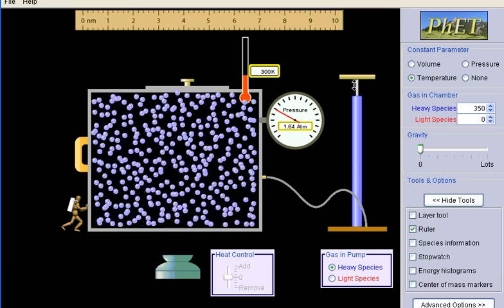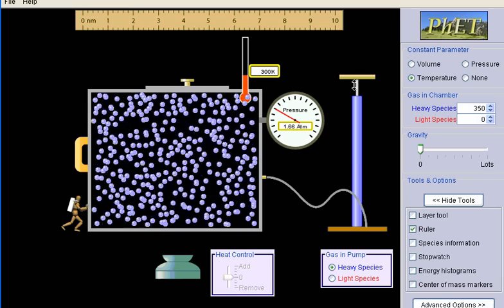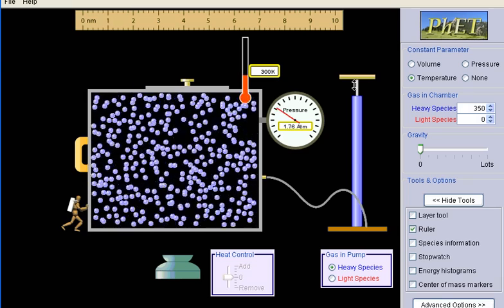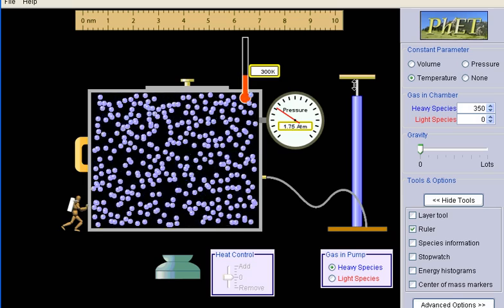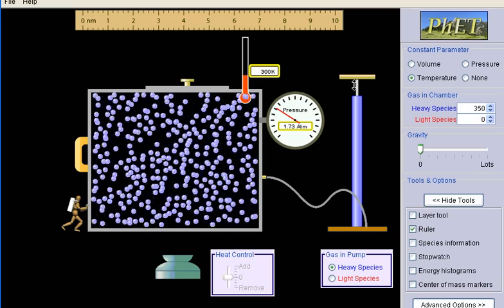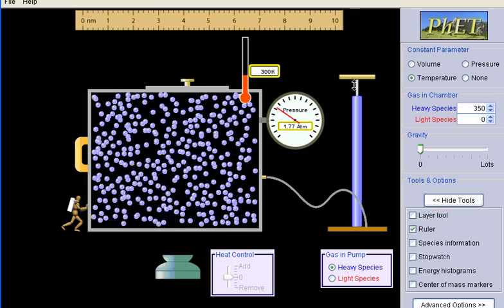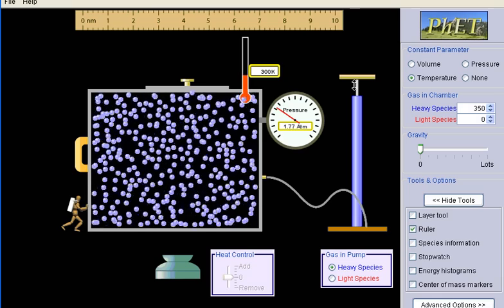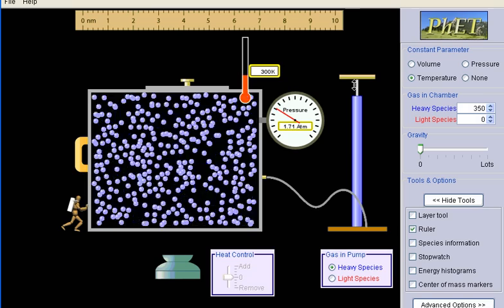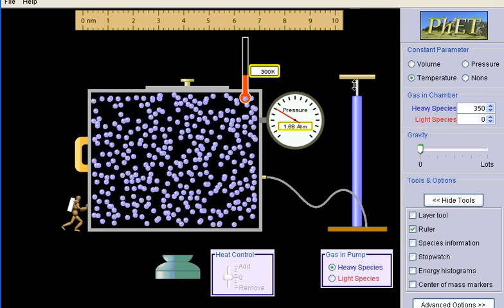Looks like everything's staying above 1.65, so you say 1.7. I want you to do that for 300 number of molecules, 350, 400, but I also want you to do it for 250 and 200. So 200, 250, 300, 350, and then 400. So there's your 5 measurements there.